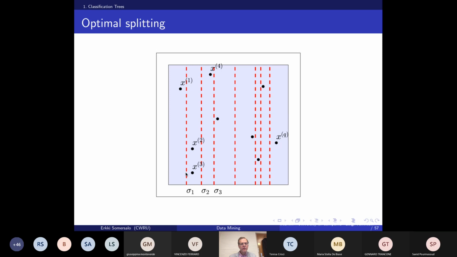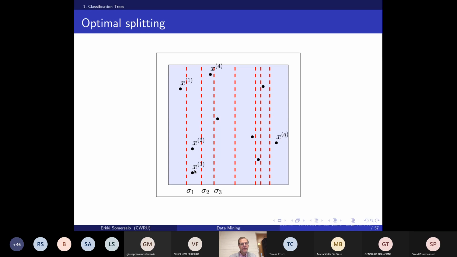In this picture, I always choose the values sigma so that they are halfway between the values of adjacent xj. Notice that x2 and x3 have the same value. So when I have two data points which have exactly the same value for the j attribute, I'm just deleting one of the data points so that I don't have a replication of the value.